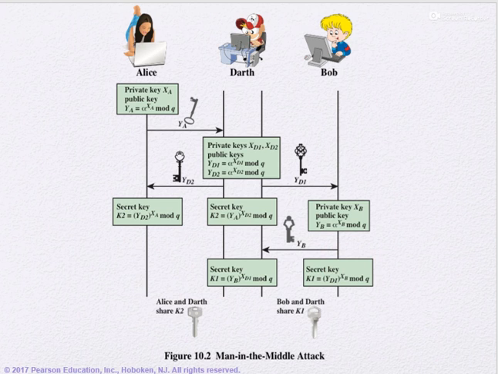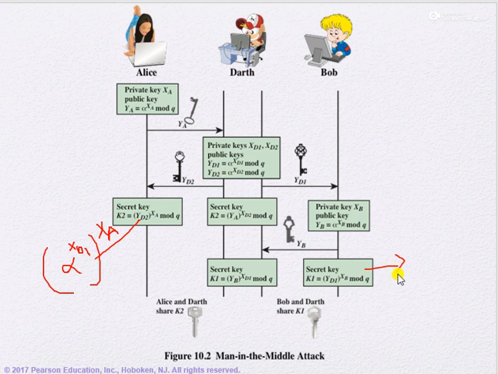What is YD2? YD2 is alpha raised to the power XD1 raised to the power XA. This is K2. And what is K1? K1 is YD1 raised to the power XB.